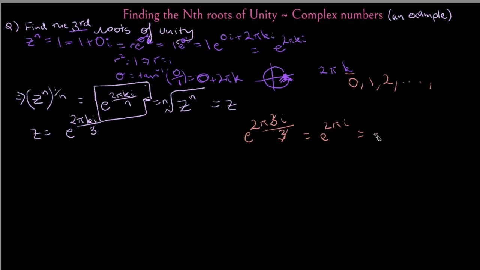This, of course, is the same thing as e to the power of 0i, because 2 pi is just a rotation, a revolution around 360 degrees. So these two values will be the same. So we need to stop iterating through k when we reach n minus 1. We're going to start from k equal to 0, then move on to k equal to 1, 2, etc. until we reach n minus 1.